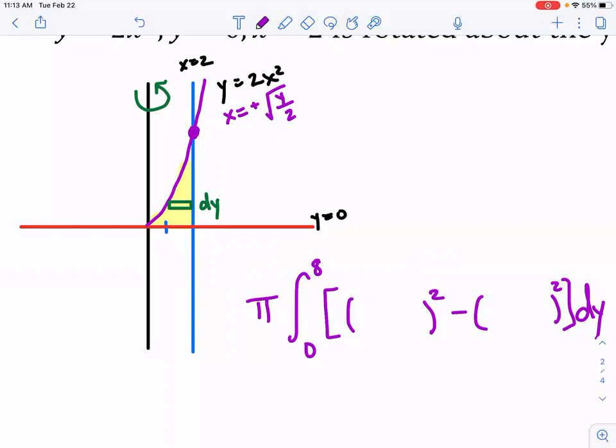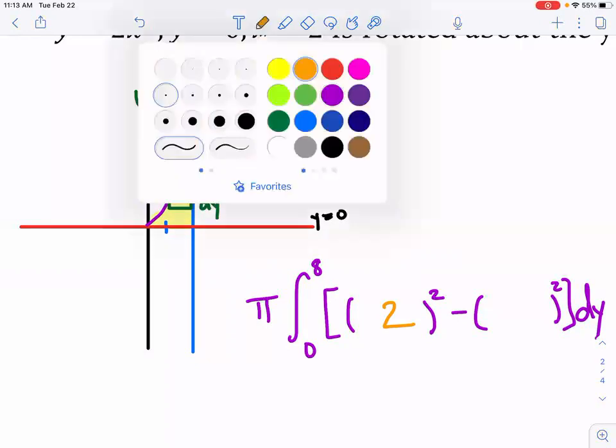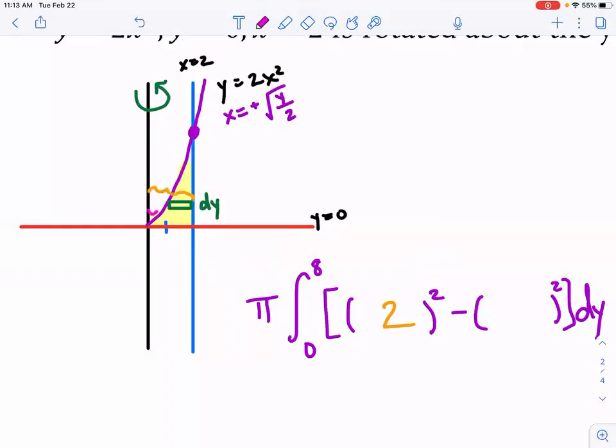Which part of our rectangle is furthest from the y-axis? Okay. So our outer radius is 2. And then our inner radius, our piece of a parabola is the closest. So that's our inner radius.